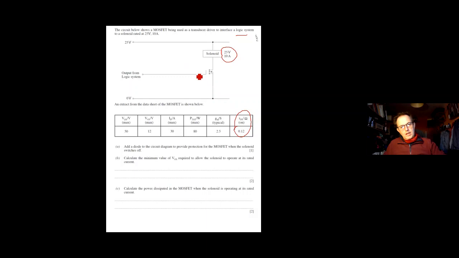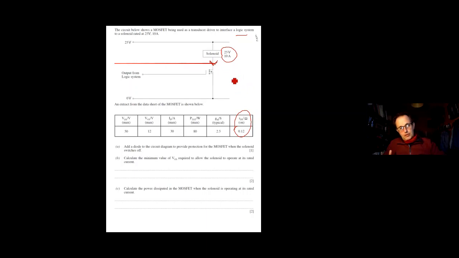So when your MOSFET is on, you have got a current coming down through there. Now, your MOSFET is going to dissipate power.